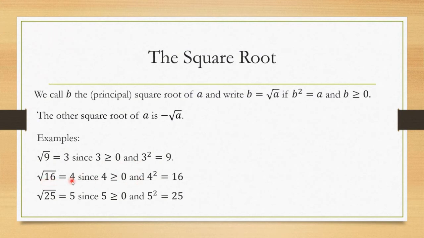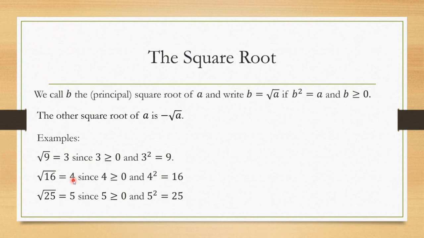The square root of 16 is 4, okay? That's because 4 is non-negative, and 4 squared is 16. So again, we're just unfolding this definition. 4 is non-negative, and 4 squared is 16. That's what we get here.